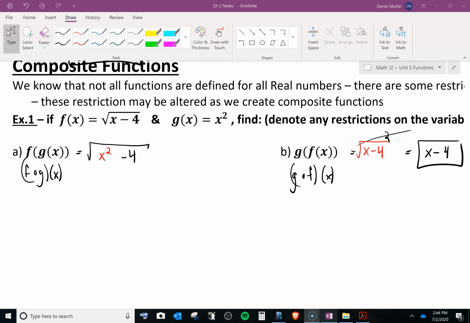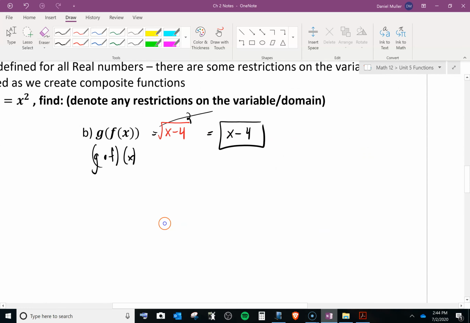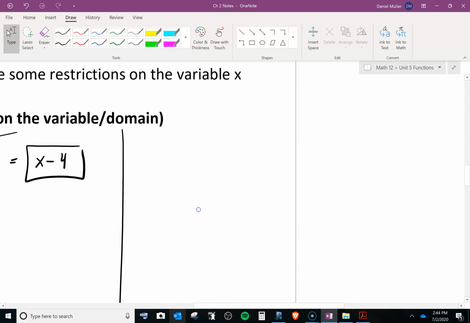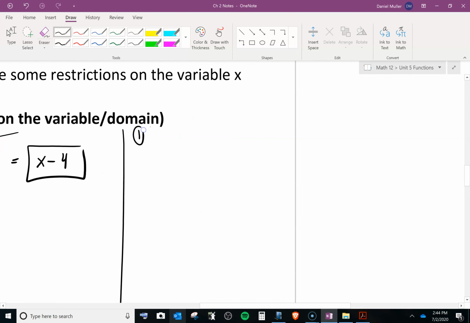Now let's take a look at the second part, which is the restrictions part. I don't know if you want to find a spot for this or write it on the side somewhere, but there are some restrictions that we need to know. Say you have the square root of something. Well, the restriction is you can't square root a negative number.